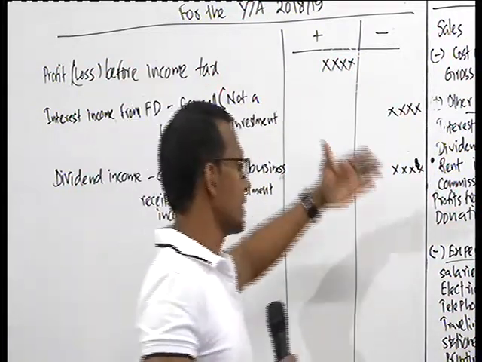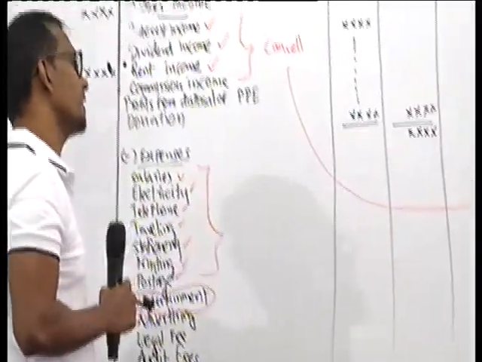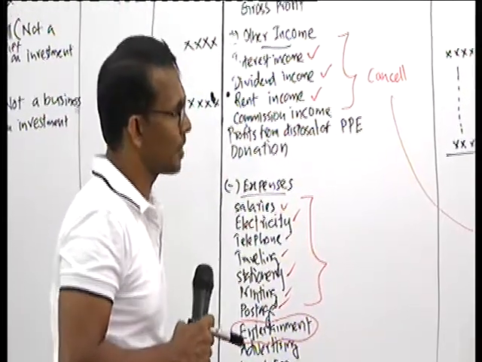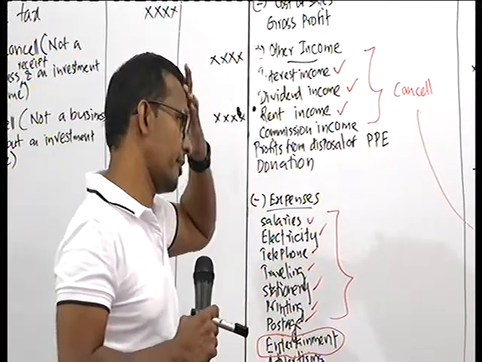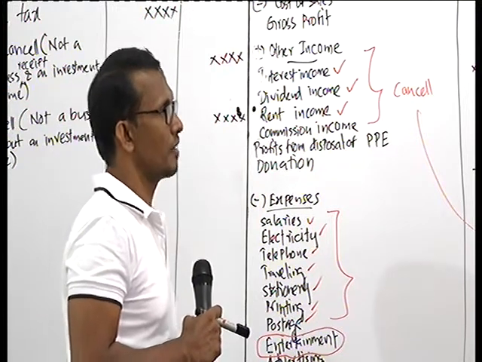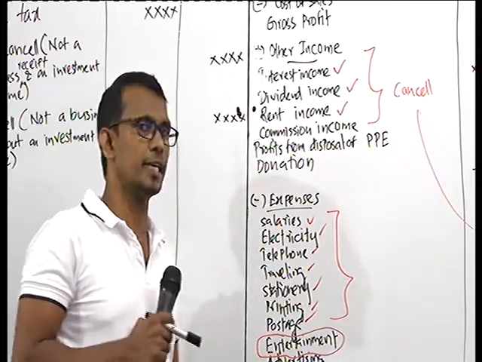So salaries, electricity, telephone, traveling, stationery, printing, postage: there is no question at all about these expenses, because obviously without them being incurred, you cannot make revenue. So these expenses are incurred to generate the revenue.